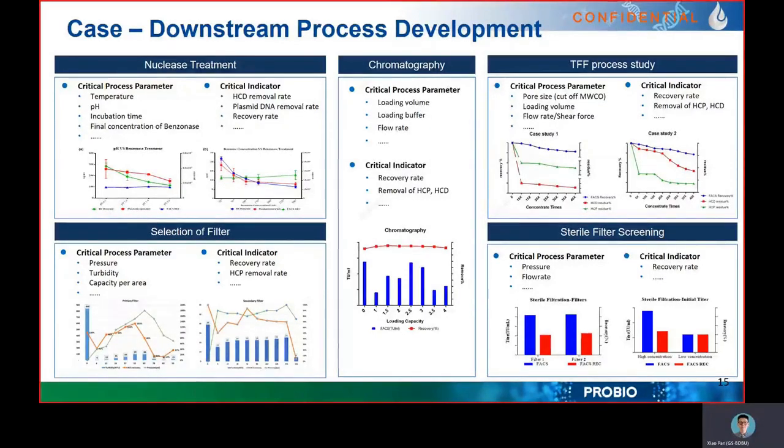For each unit operation, we determine critical process parameters as well as critical process indicators. And these will guide us towards designing a very robust downstream process.